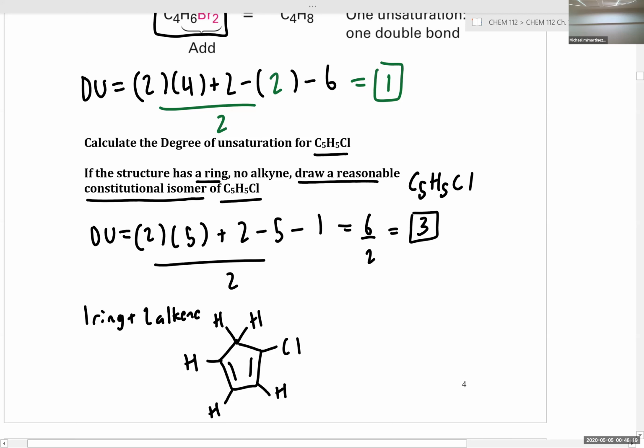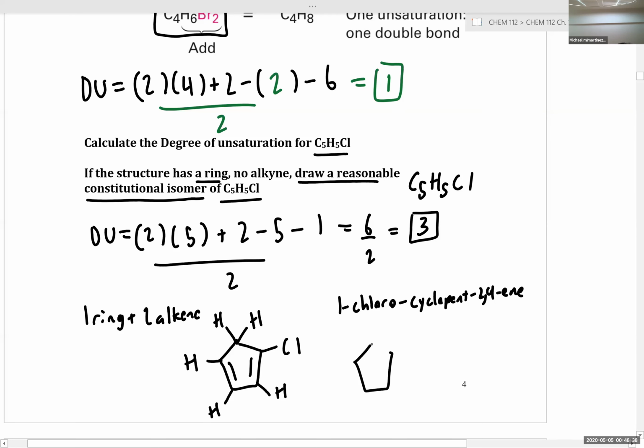In this case, I see in the chat that Mitchell proposed 1-chlorocyclopenta-2,4-ene. So he's bringing up some of the nomenclature that we'll discuss in a moment.